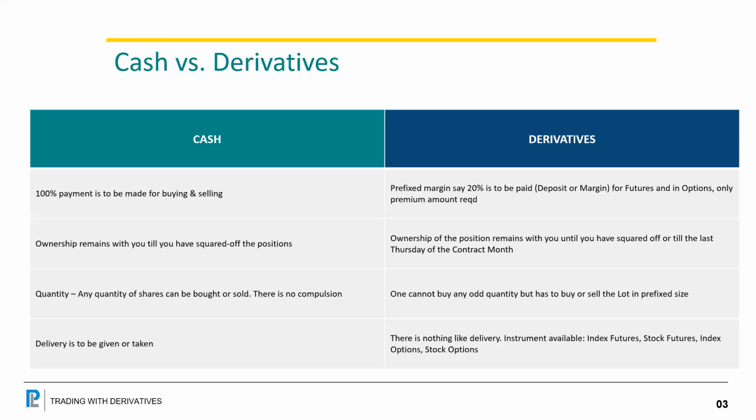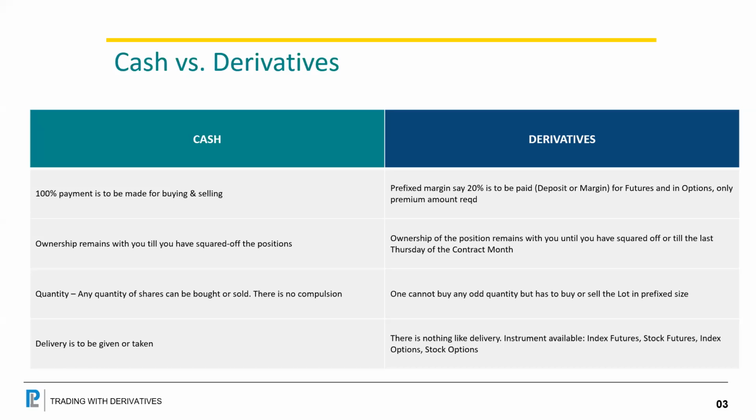Even if you have only a 20 or 30% margin, then also you can participate fully in the market. Unlike cash, where you require the complete margin, in derivatives you require hardly 20 to 30% of the cash margin.